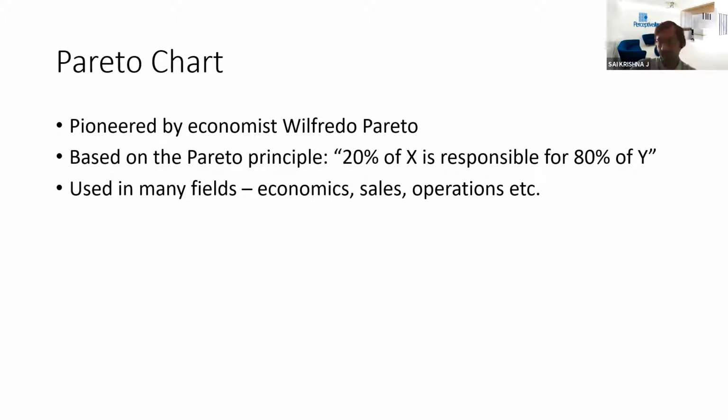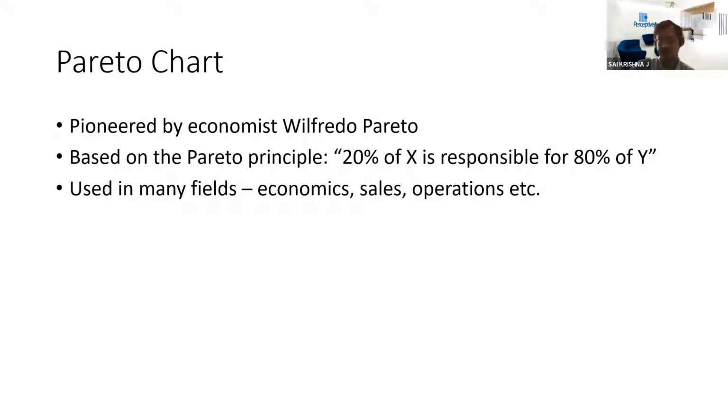By long tail, I mean around 50 to 60% of the products will have very, very low sales. There will only be a very small set of products, let's say 20% of the products, which will be responsible for the majority of the sales. In these kinds of scenarios, we use the Pareto chart to make the visualization.